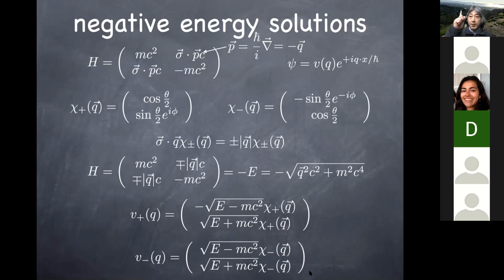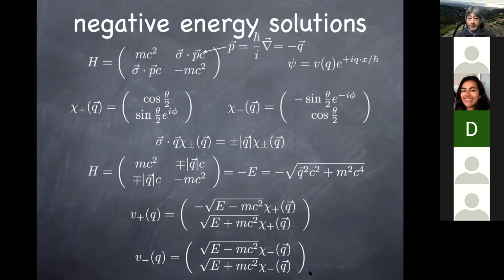Matter particle with spin or helicity, positive and negative. An antimatter particle with helicity positive or negative. Altogether, there are 4 states. 2 particle states with both signs of helicities, and 2 antiparticle states with both signs of helicities, hence 4 degrees of freedom. So that's the content of the Dirac theory of spin 1/2 particle.